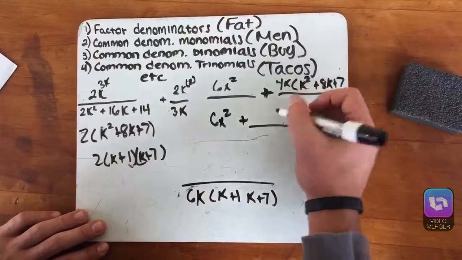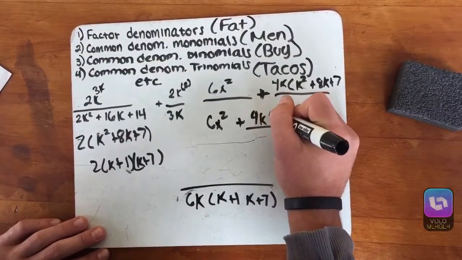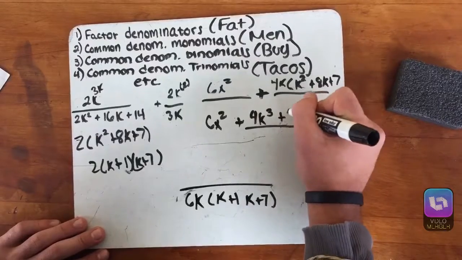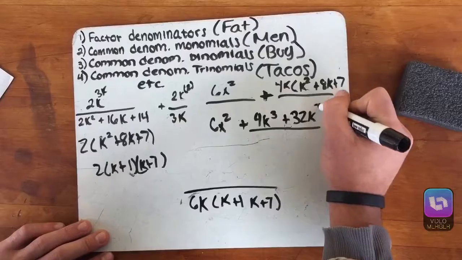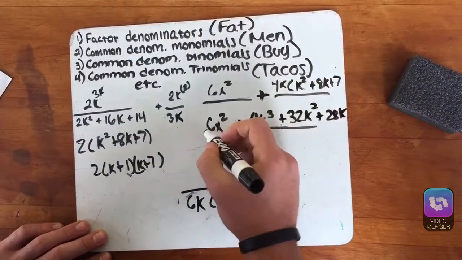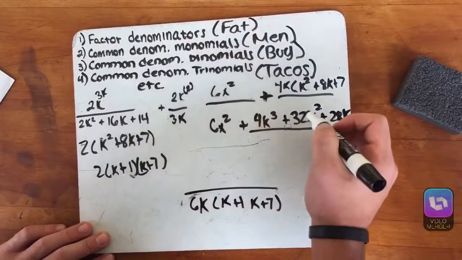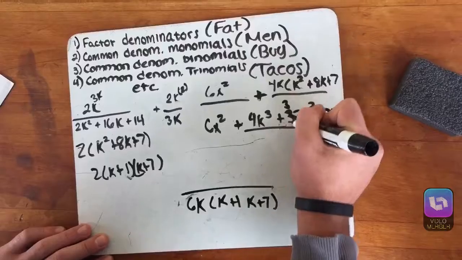Alright, now we're going to distribute this out, and it's going to end up as 4k to the third plus 32k squared plus 28k. Now you're going to add in this 6k squared, which will make this right here 38k squared.